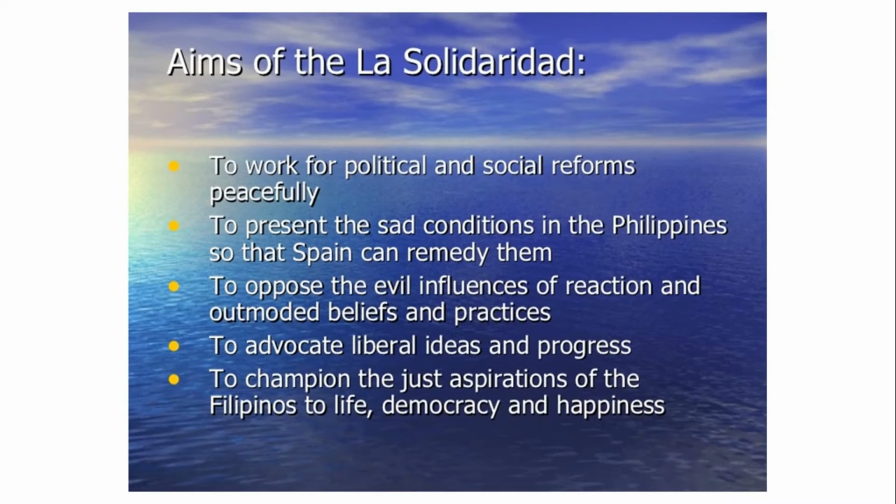Aims of La Solidaridad: to work for political and social reforms peacefully, to present the sad conditions in the Philippines so that Spain could remedy them, to oppose the evil influences of reaction and outmoded beliefs and practices, to advocate liberal ideas and progress, and to champion the just aspirations of the Filipinos to life, democracy, and happiness.